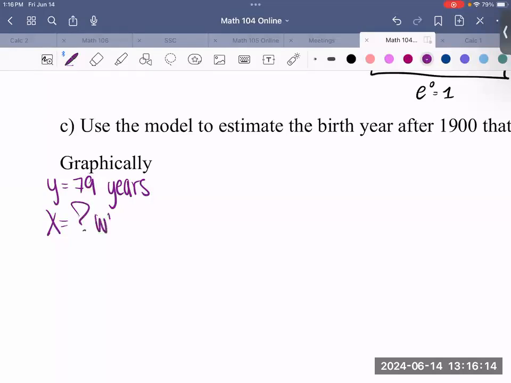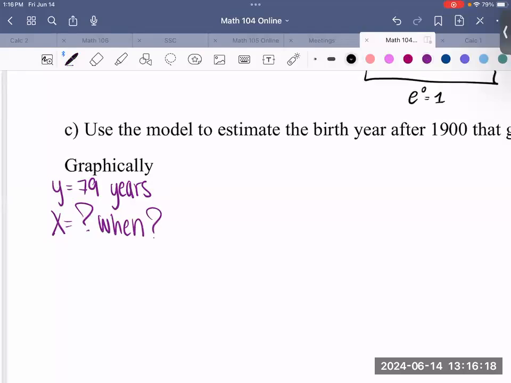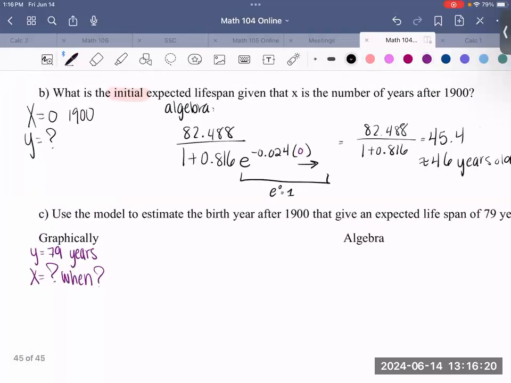When does that occur? In order to do so, we can set it up as 79 is equal to your equation, 82.488 divided by 1 plus 0.816 e to the negative 0.024x.